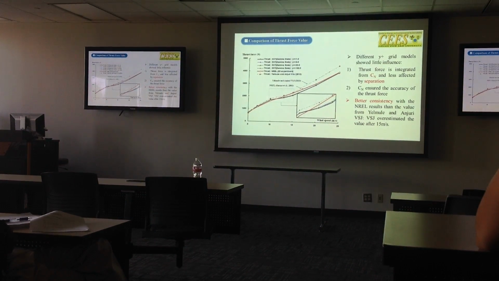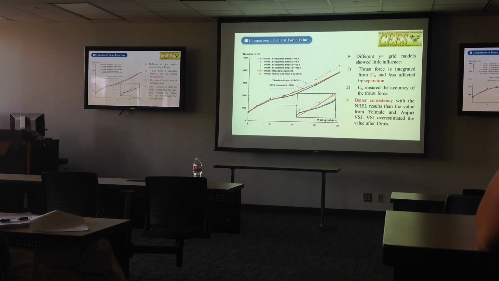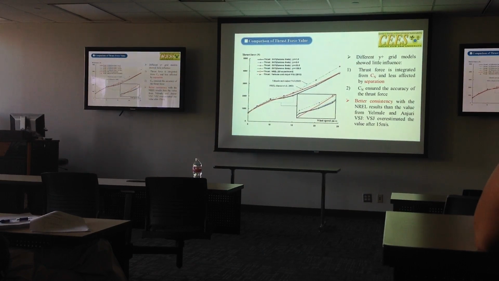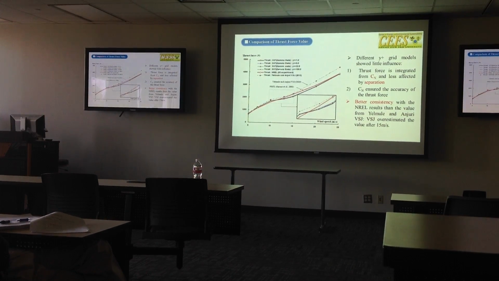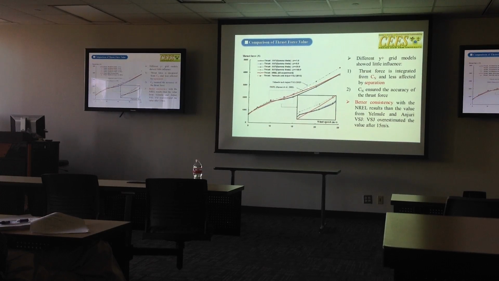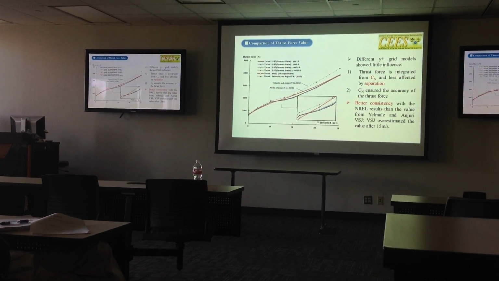Since we get good agreement in the normal force coefficient, and the thrust is calculated from this parameter, it also shows good agreement with the experimental data. Our results match the experimental result and also showed better agreement than the other work. This value is from another people's work.